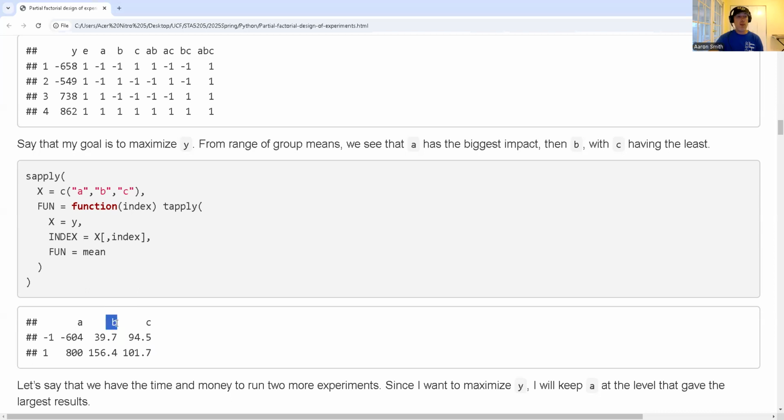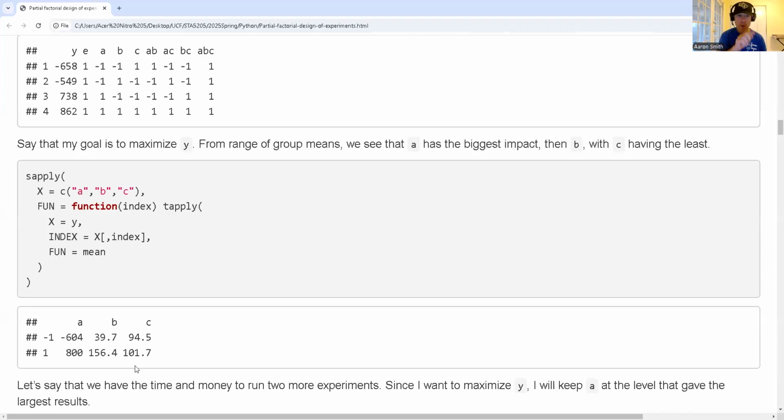If I set B equal to 1, then the average of Y is about 156. If I set C equal to -1, I can see the average of Y is just under 95. And if I set C equal to 1, the average value is about 0.02.